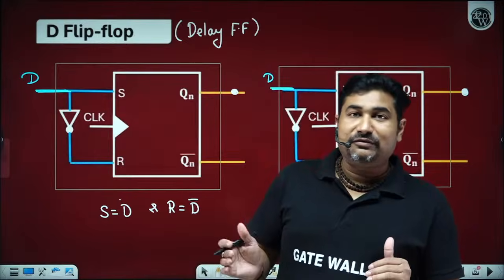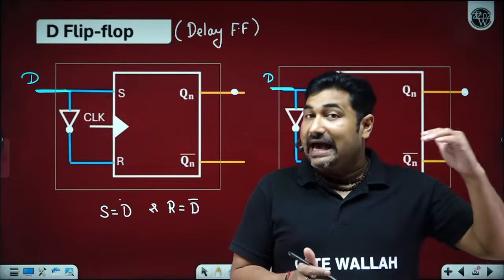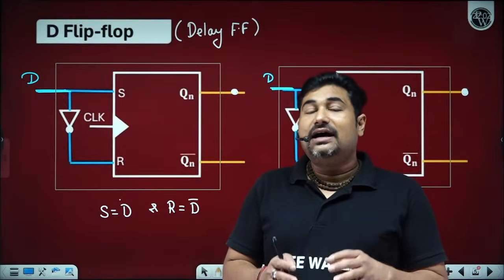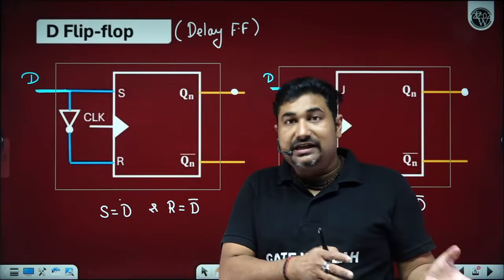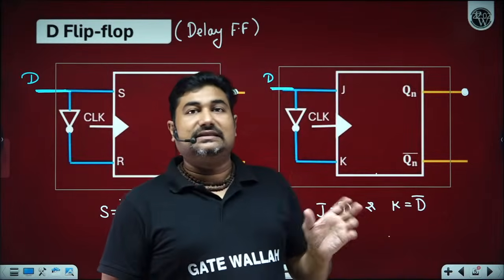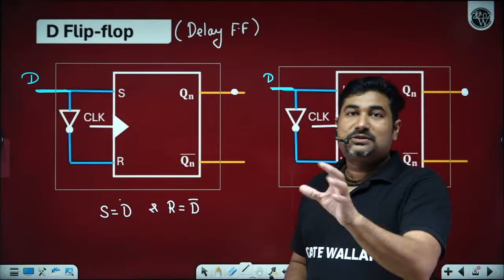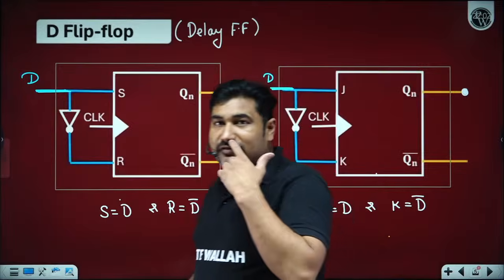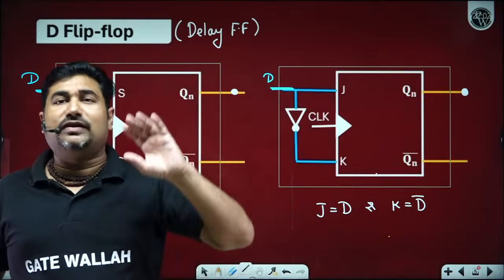But not only that, we also understood how to construct the characteristic table and how to write the excitation table. We have seen edge triggering, level triggering, race around condition. There are many small parts in this, all associated with the JK. Now please observe the D flip-flop and T flip-flop so that you can design any new flip-flop.